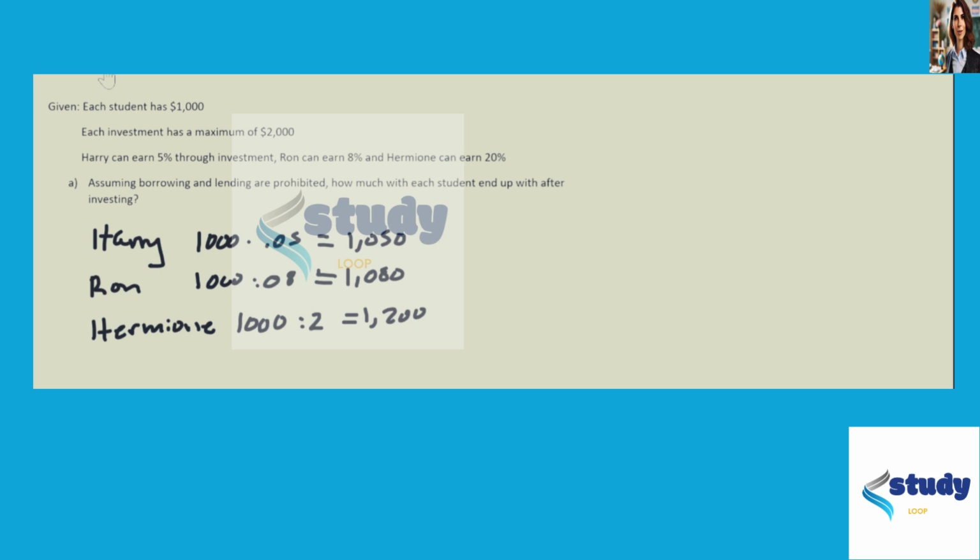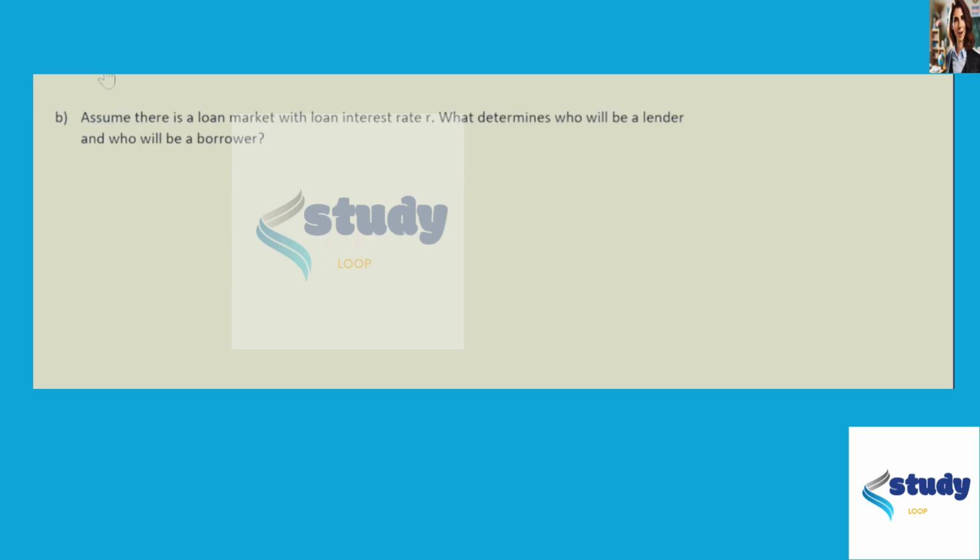So for part B, now we're assuming that there is a loan market with an interest rate R. What are the determining factors for who's going to be a borrower and who's going to be a lender? There are 2 relevant pieces of information. The first is the rate of return that you can get on an investment, the investment return.